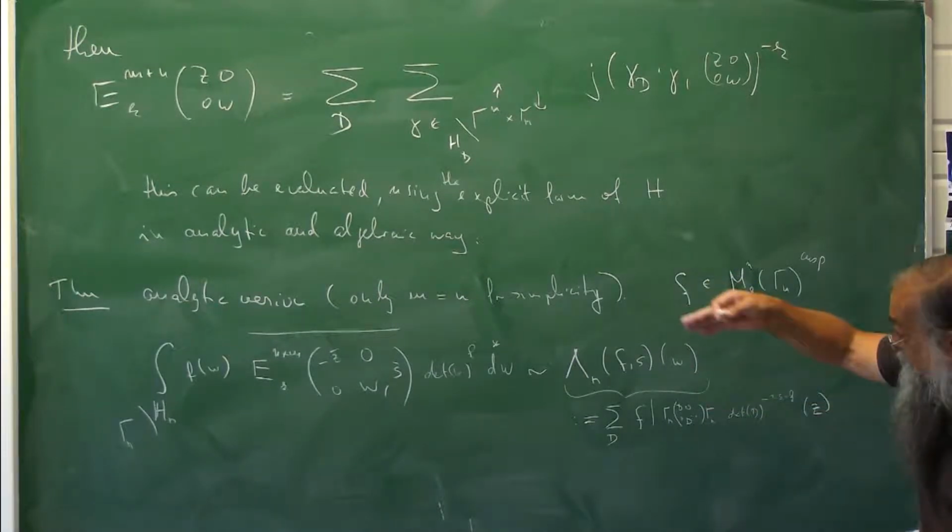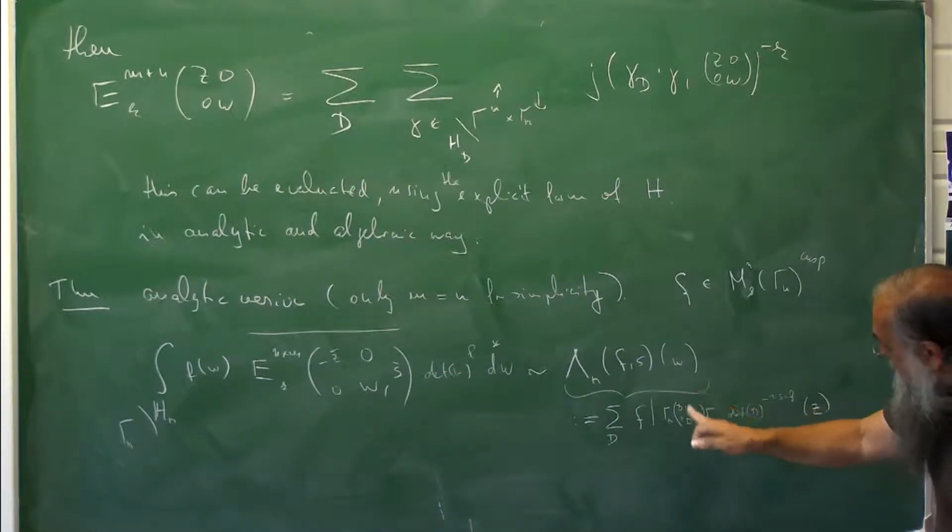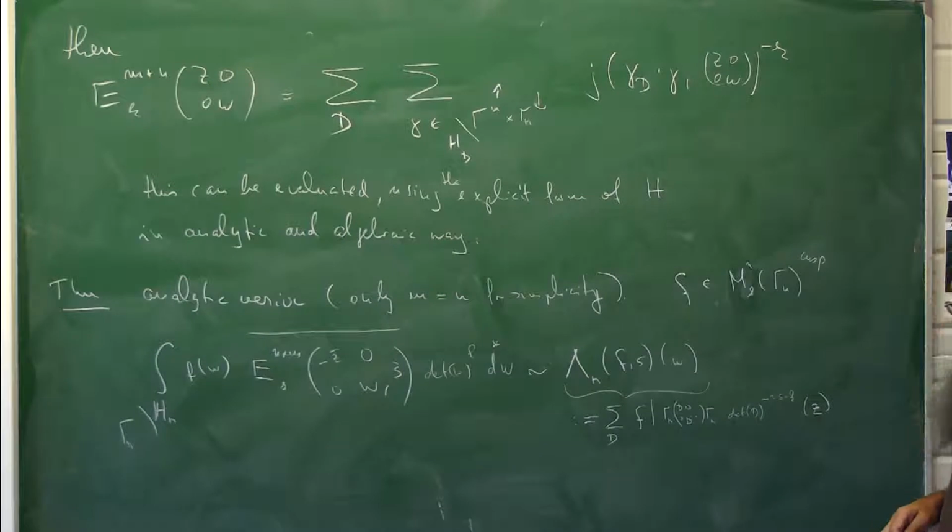So you get back f itself, but disturbed by an infinite sum of Hecke operators.